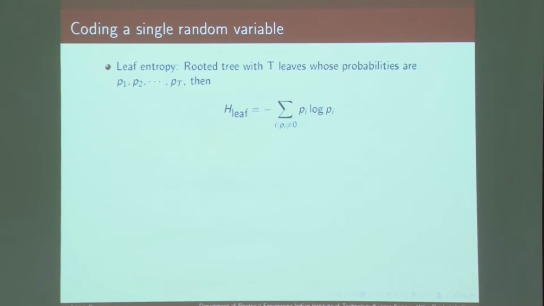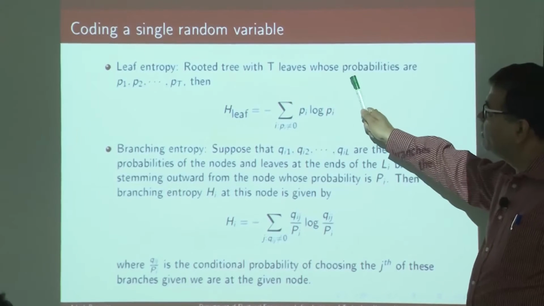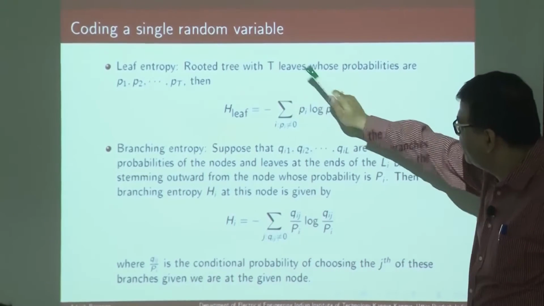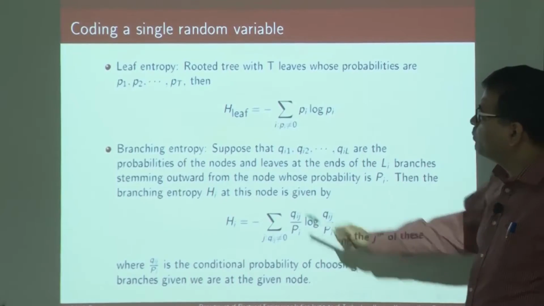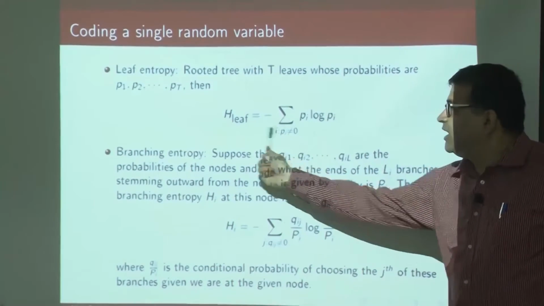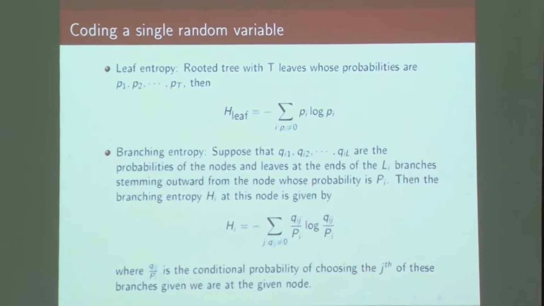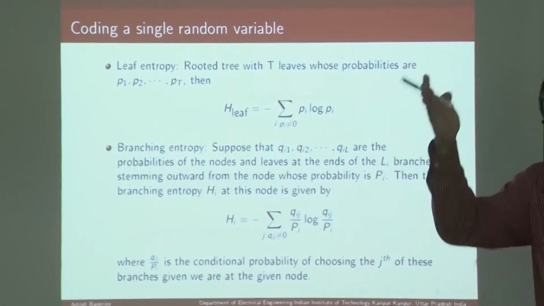Now I am going to define a few things: what is a leaf entropy and what is a branching entropy. So what is a leaf entropy? For a rooted tree with t leaves whose probabilities are given by p1, p2, p3, up to pt, the leaf entropy is given by this. Now in a dairy tree, what are the leaves?